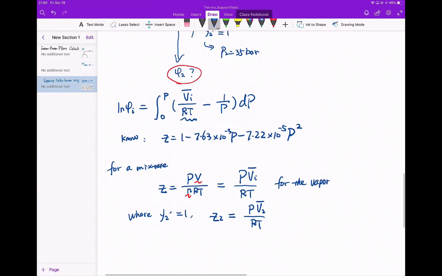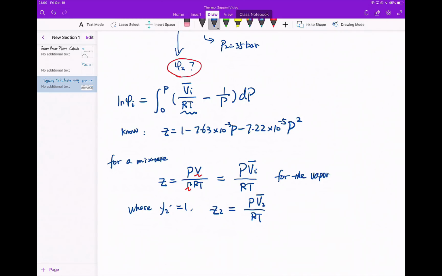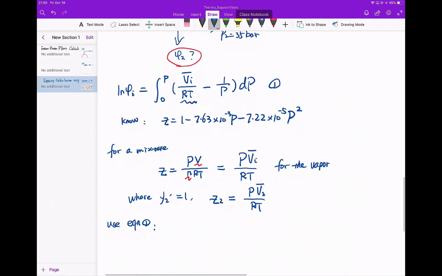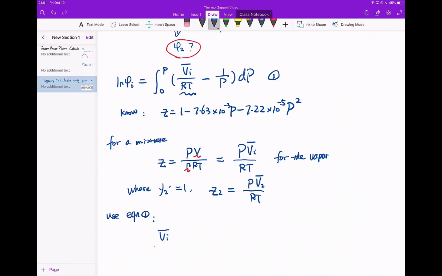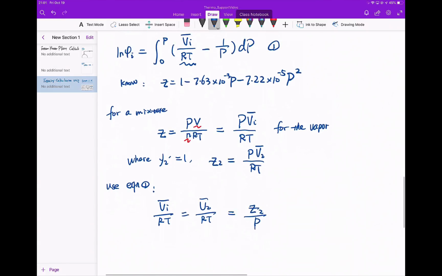If this is the case, then using equation 1, we would have Vi over RT, which is V2 over RT, is Z2 over P.